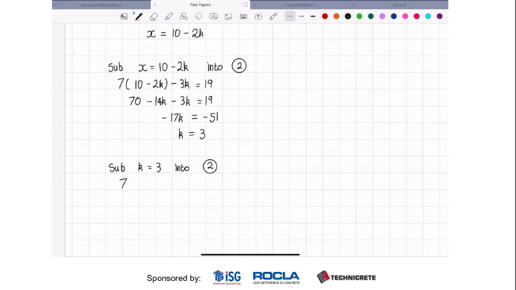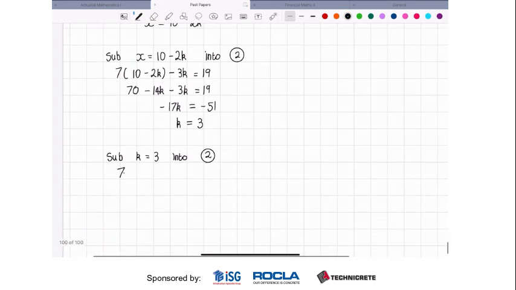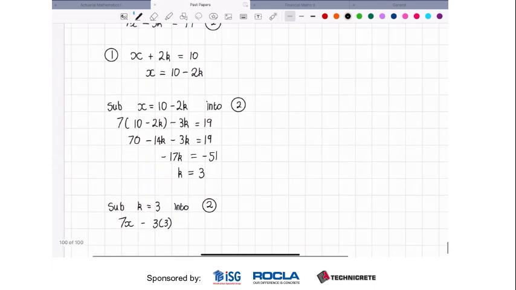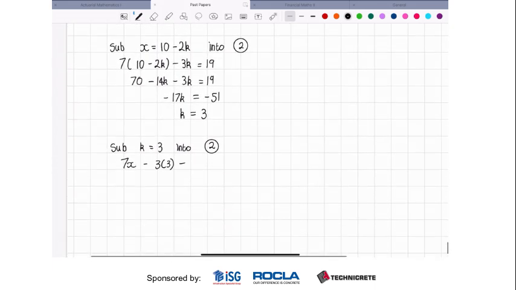So I have 7x minus 3 times 3 is equal to 19. So I take my 9 to the other side, and I'll have 19 plus 9, which is 28. And then x is equal to 4.